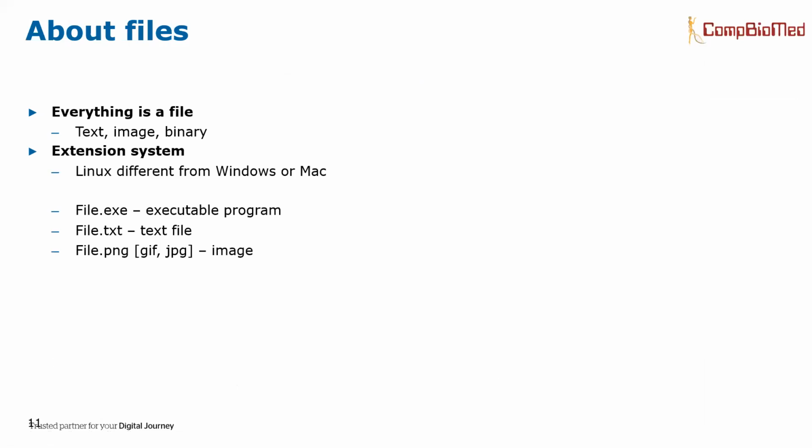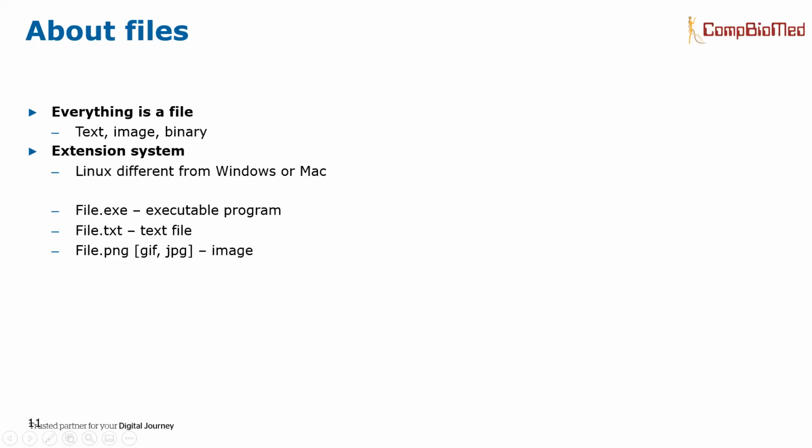Or if you want to open an image, you only have to double click, and Windows or Mac will automatically launch your image reader. If you click on a PDF file, it will open Adobe Reader, for example. In Linux, you need to know what you are doing. The system doesn't guess for you what you want to do, so you need to be precise.